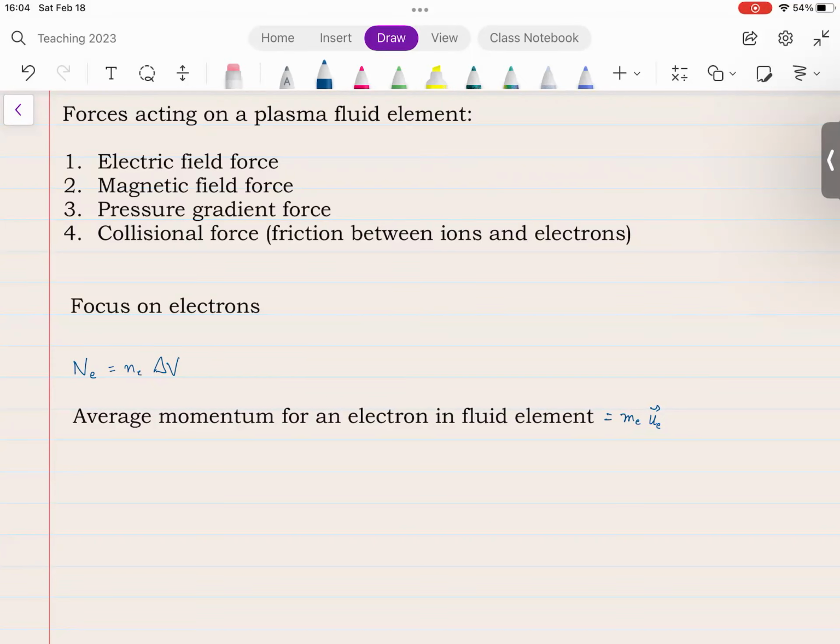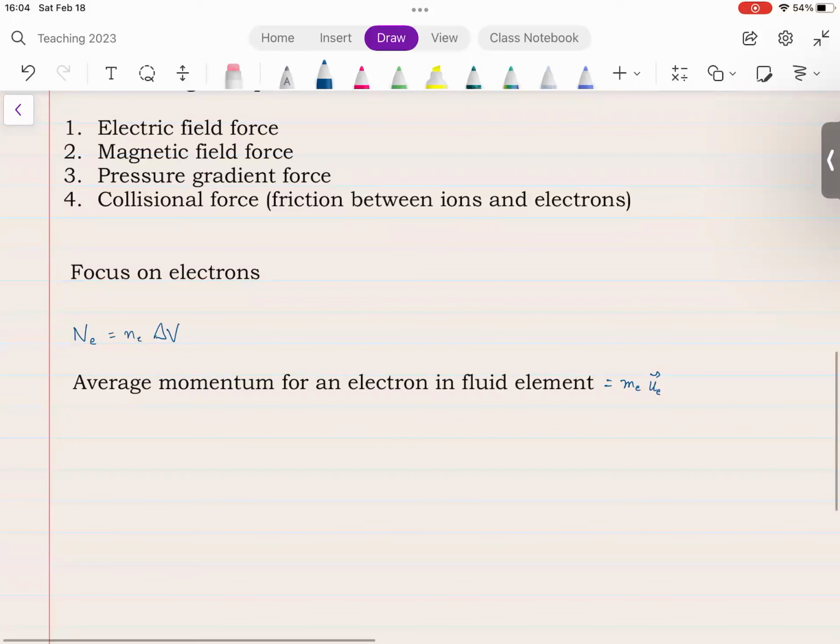And that immediately gives me the total momentum of the fluid element. It's going to be given by N, the number of electrons in my fluid element, times m_e u_e.